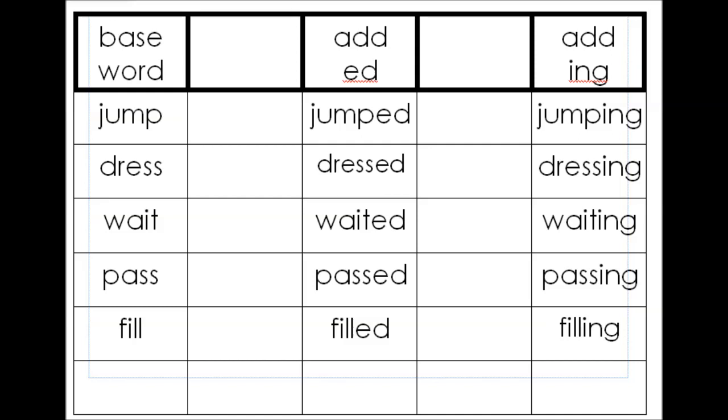It's time to tell you the rules. Go ahead, press pause. Alright, here are the rules. Base word, words that have no endings, no beginnings, meaning no prefix or suffix. So a base word has no prefix or suffix. The second rule is adding ed creates a verb that already happened. Your verb happens in the past.